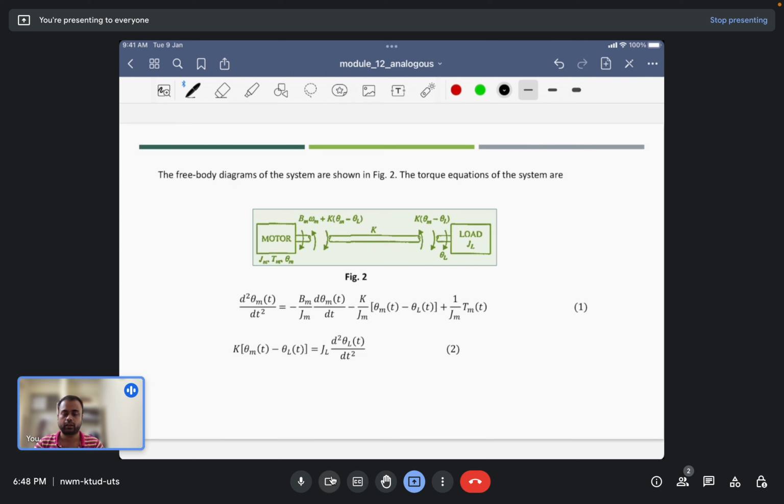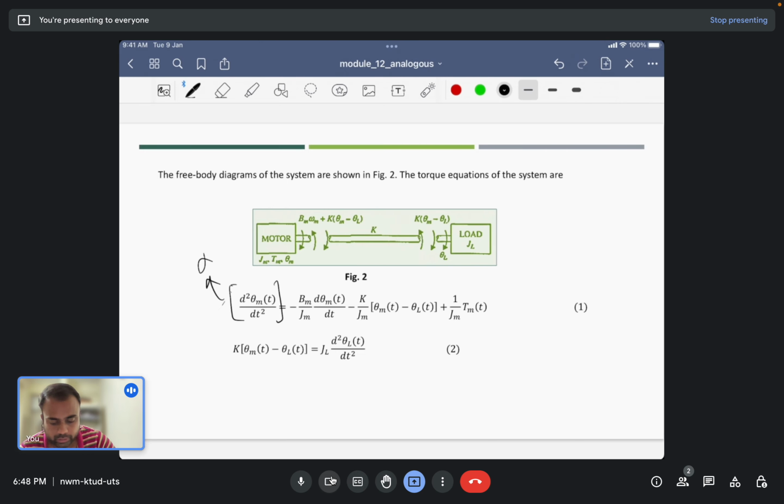We can write from the free body diagram of the system at the motor end. The double differential of the angular displacement represents alpha, the angular acceleration.